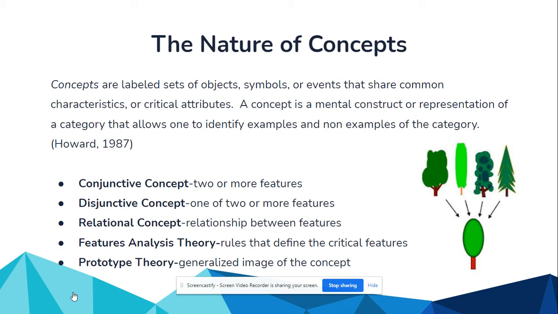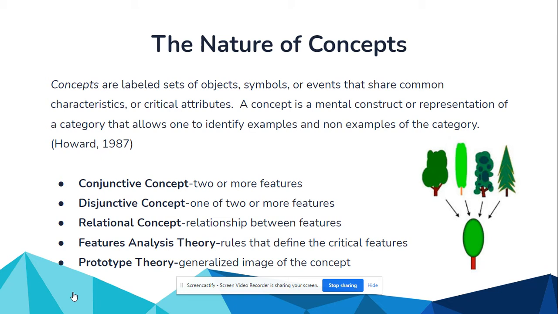They are labeled sets of objects, symbols, or events that share common characteristics or critical attributes. A concept is a mental construct or representation of a category that allows one to identify examples and non-examples of the category. So let's go through some of these bullet points below here.